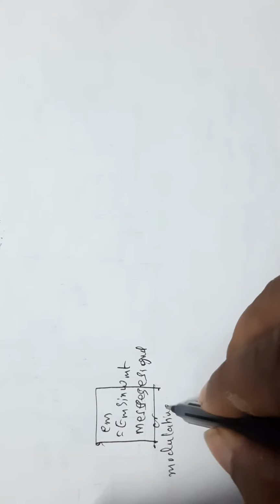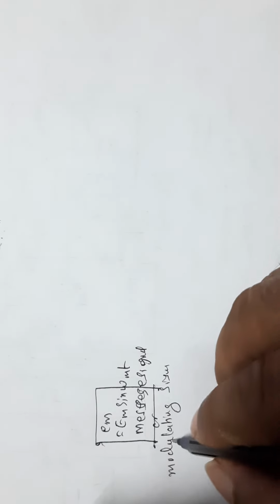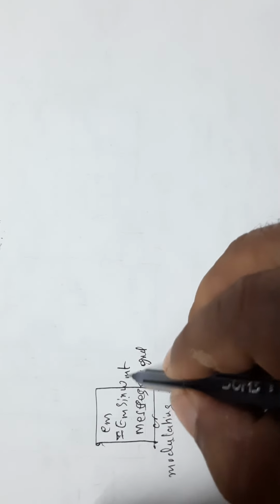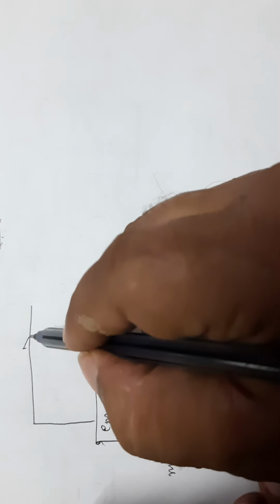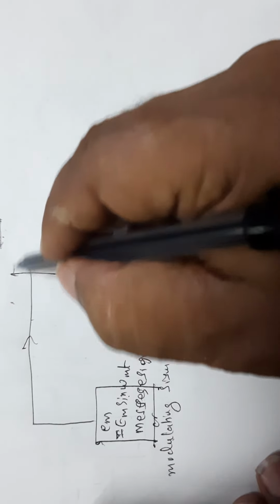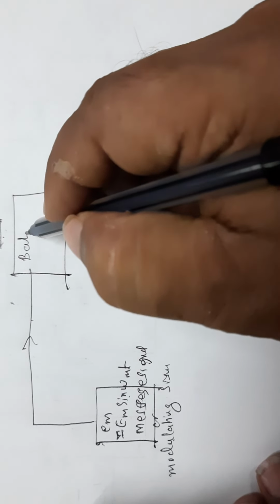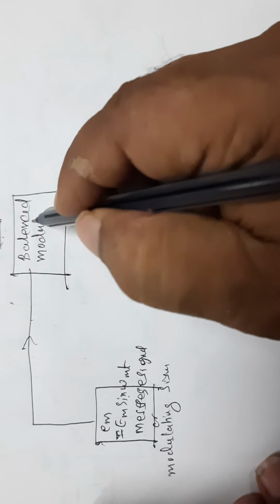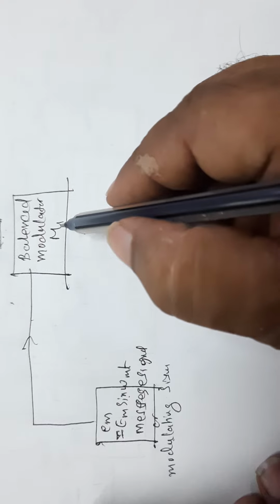Both are the same, message signal or modulating signal. So the message signal voltage Em is represented by Em sin omega mt. It is applied to the input of one balanced modulator, M1. We have just studied the balanced modulator.